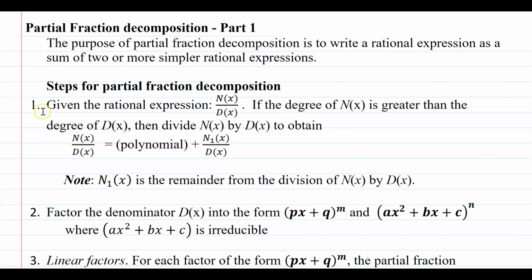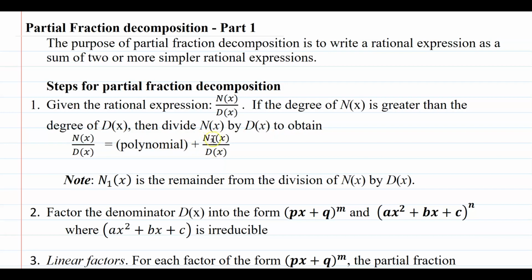The first step is, suppose you are given an expression N of x over D of x. If the degree of the numerator N of x is greater than the degree of the denominator D of x, then divide N of x by D of x to obtain a polynomial, the quotient, plus a remainder.